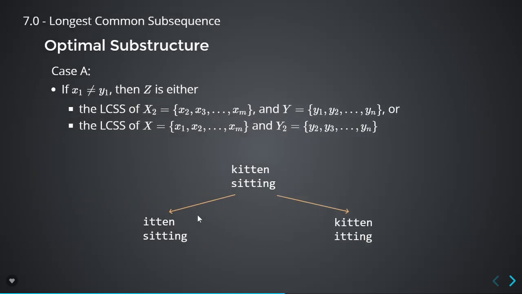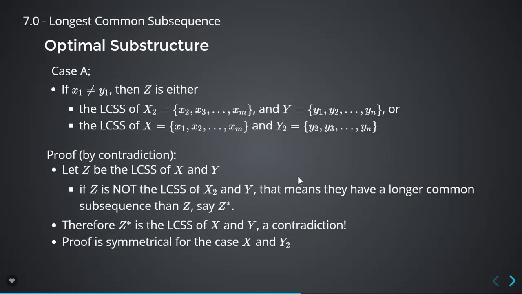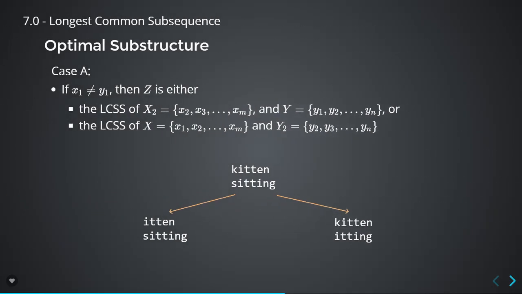You got an answer Z and you find a better answer. So obviously that better answer is also better up here. So that can't be right, because we claim that Z is the optimal answer. So same cut and paste argument as before. If Z is the optimal solution to the problem up here, then Z must also be the optimal solution to one of these subproblems. You have optimal substructure.